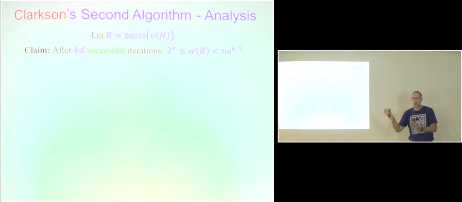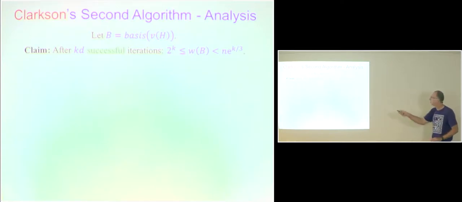We discussed that we break ties somehow, but let's forget about this. So B is a fixed basis. And I claim the following. Let's look at the total weight of all the inequalities in the basis after kd successful iterations. Remember, a successful iteration is an iteration in which not too many of the constraints are violated.